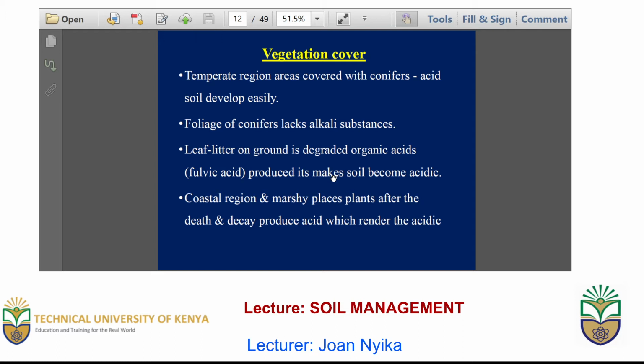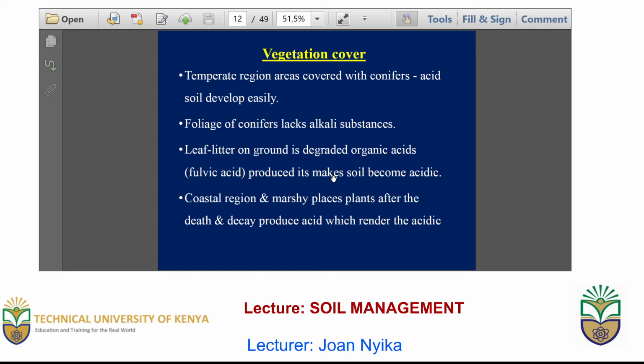These result in soil acidity. Also, in coastal areas and areas that are marshy, as a result of less decomposition, fulvic acids and humic acids are in very high amounts. Hence, the result is acidity of the soils.